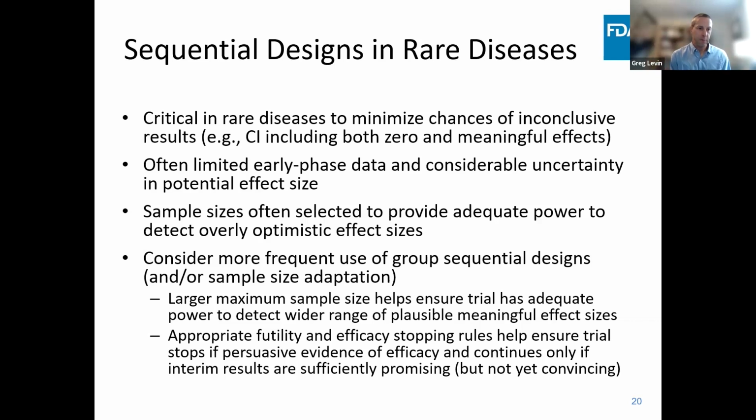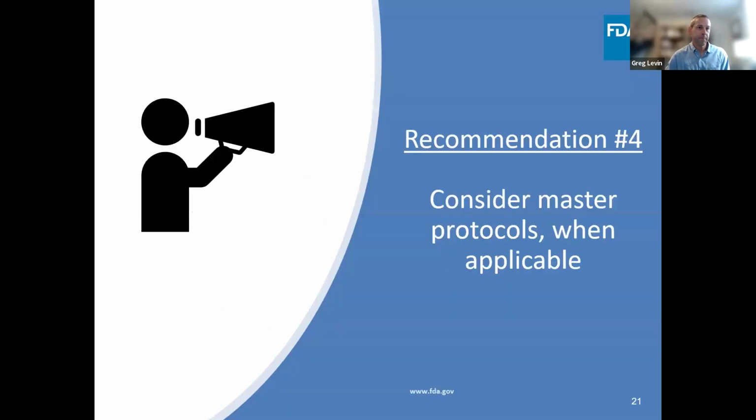These designs include stopping rules to ensure that the trial will stop at smaller sample sizes if there are large effects and persuasive evidence, and that it will continue on if the interim results are promising but not yet conclusive. So I think it would be really helpful to better utilize some of the simple adaptive designs, or group sequential designs in particular, to provide more conclusive results.